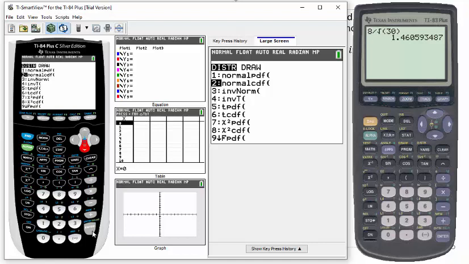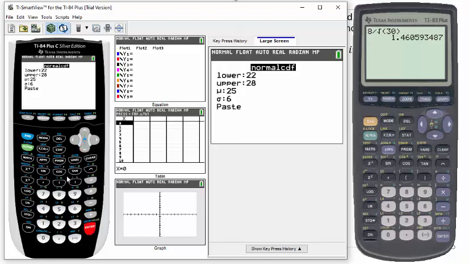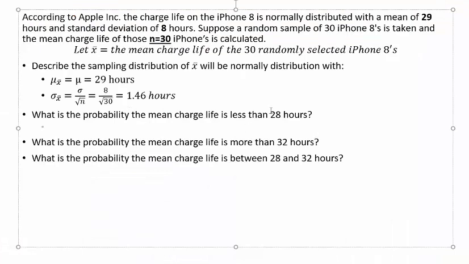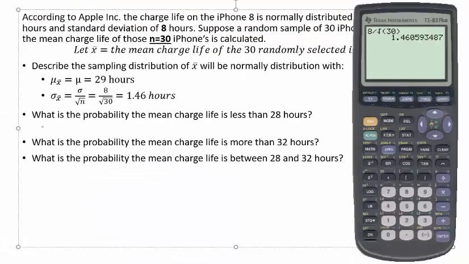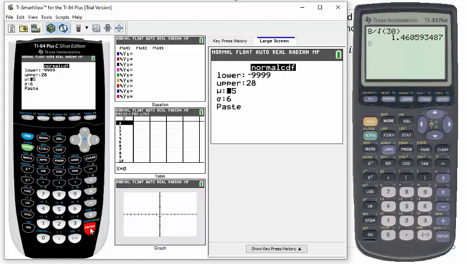The lower bound, since I want less than 28 hours, is negative 99999, and the upper bound is 28 hours. The mean was 29 hours, but now the standard deviation is 1.46. It's no longer that 8; it's that standard deviation divided by the square root of the sample size.